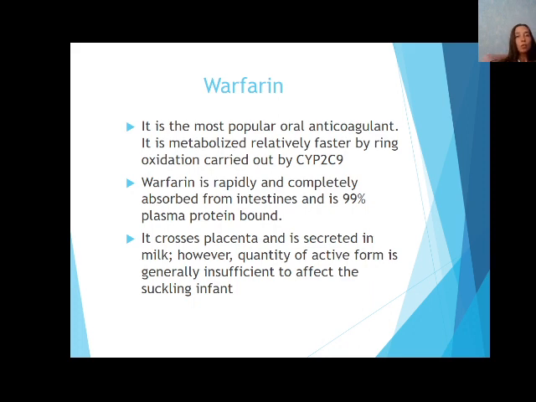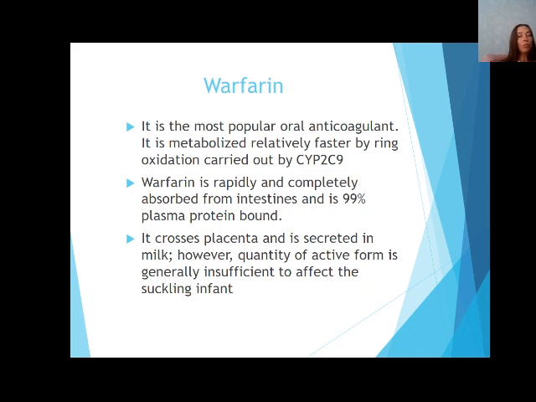Warfarin is the most popular oral anticoagulant. It's metabolized relatively faster by oxidation carried out by CYP2C9. Warfarin is rapidly and completely absorbed from intestines and is 99% plasma protein bound. It crosses placenta and is secreted in milk.